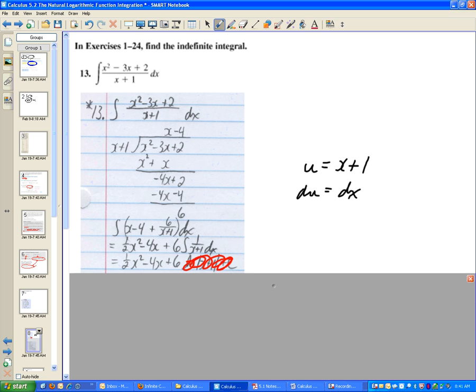What I should have done is, okay, so that's 6 out in front, 1 over u du, keep the 6 out in front. That'd be the natural log of the absolute value of u plus c. And what was u? X plus 1, so that's 6 times the natural log of the absolute value of x plus 1 plus c.